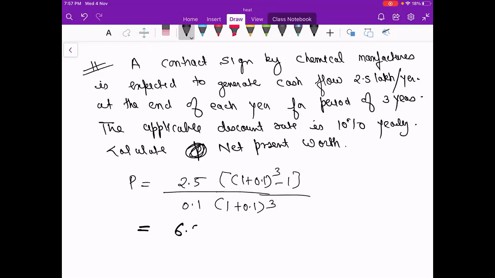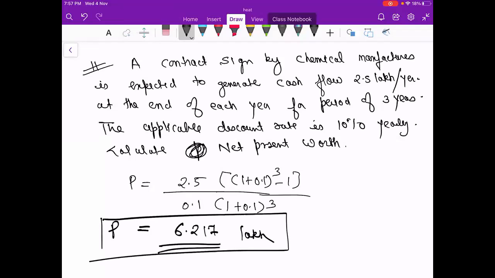So I think it is coming 6.217. So that is the answer. See, here the words used are discounted rate.